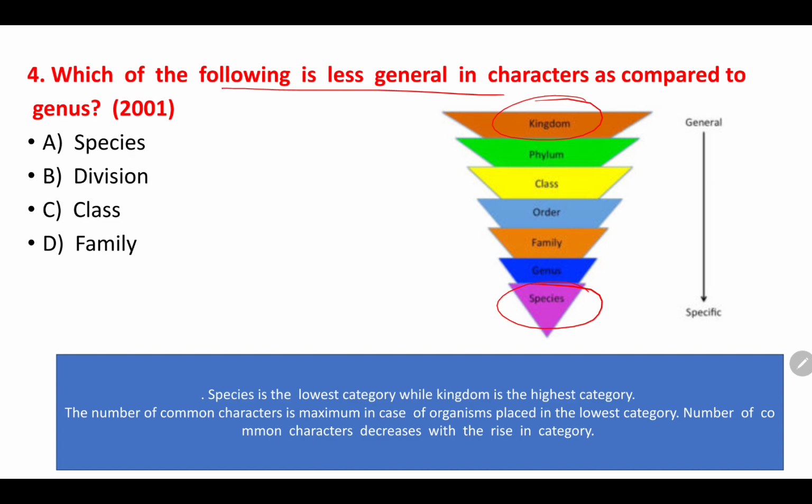And the number of common character is maximum in case of the organisms which are placed in lowest category. And number of common character decreases with rise in category. Here, less general in characteristics means that is nothing else but species.